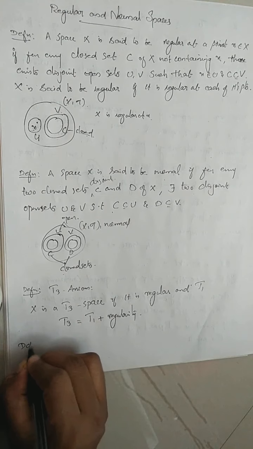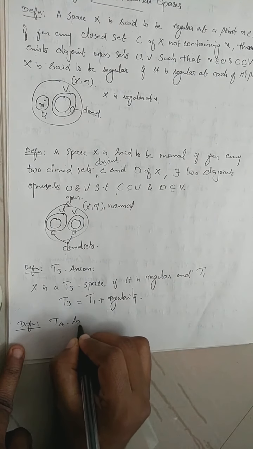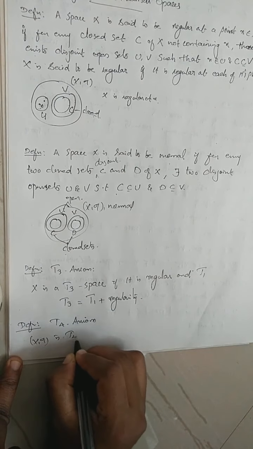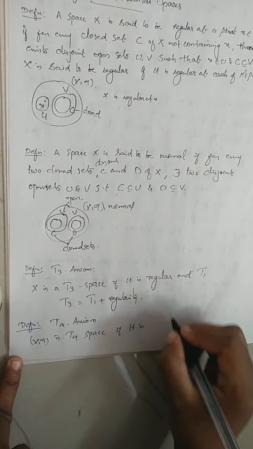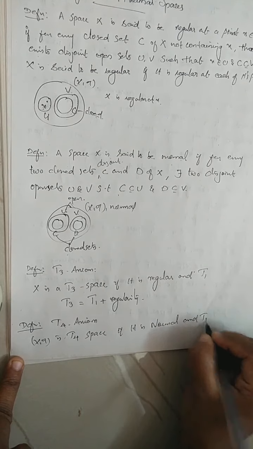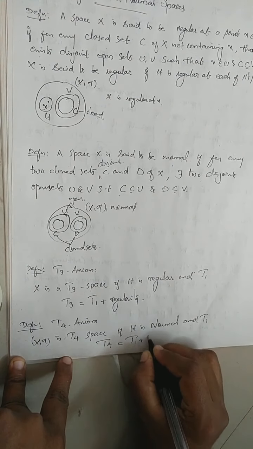Okay, then one more definition. I can define the T4 axiom. What is a T4 axiom? A topological space (X, τ) is a T4 space if it is normal and T1. So I can say T4 is nothing but T1 plus normality.